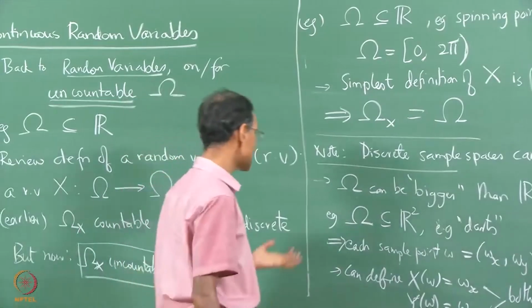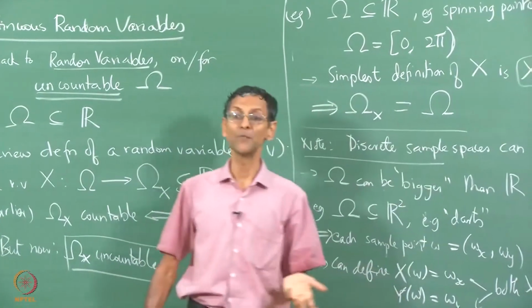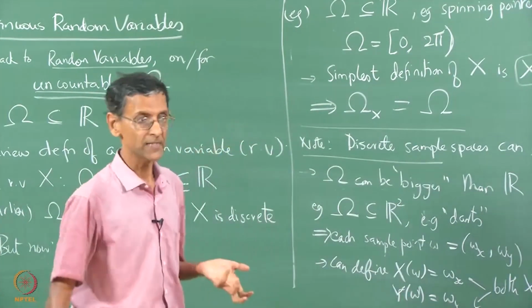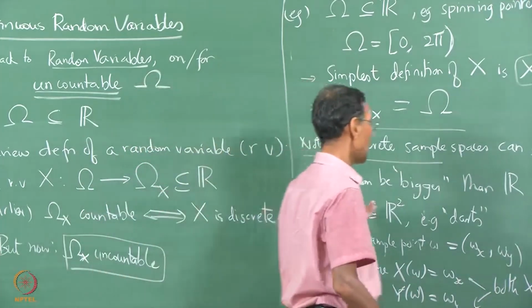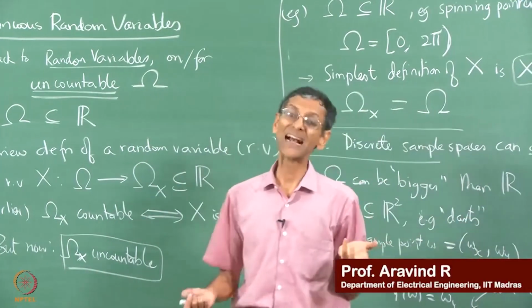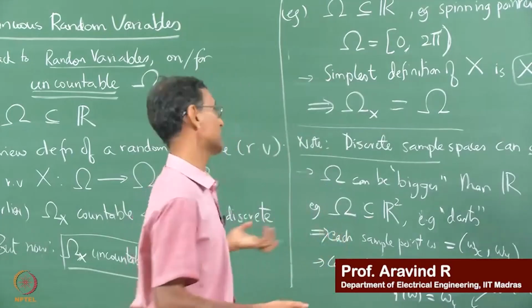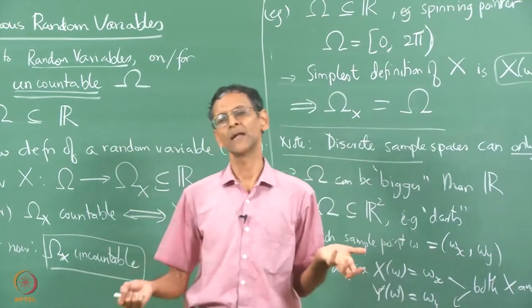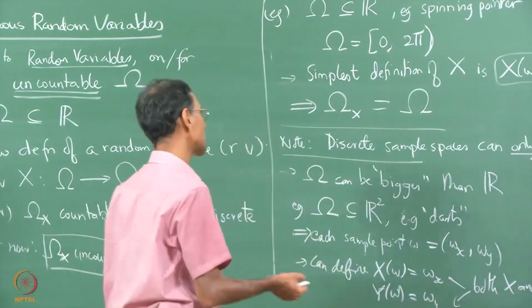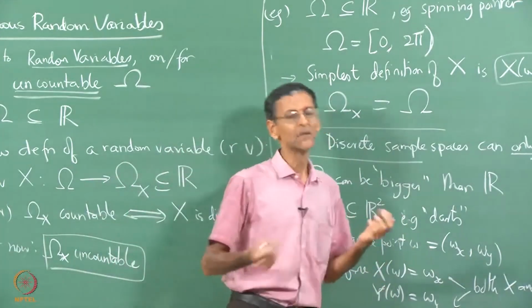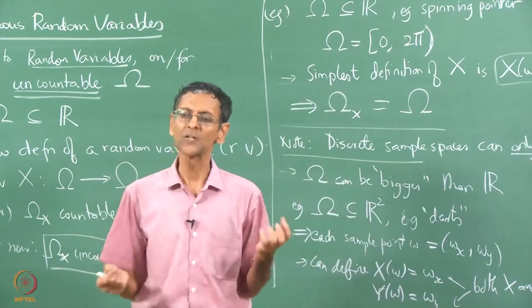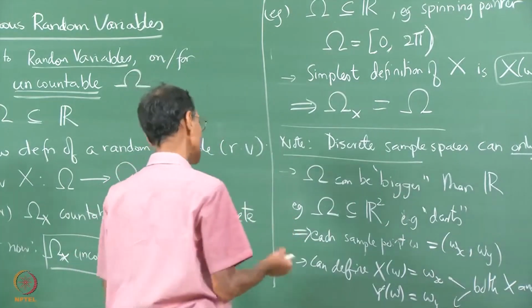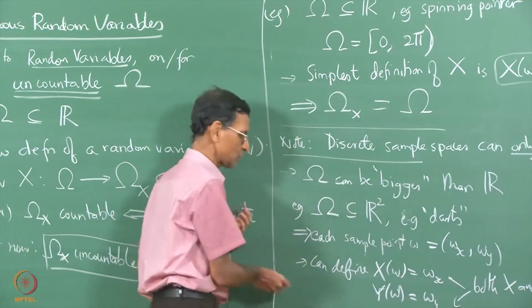Each of those components would be a different random variable, X1 to Xk, or you could take the maximum of the k components. That would again be a single random variable with uncountable range, because you could not count the number of values taken by the maximum, and so on and so forth.